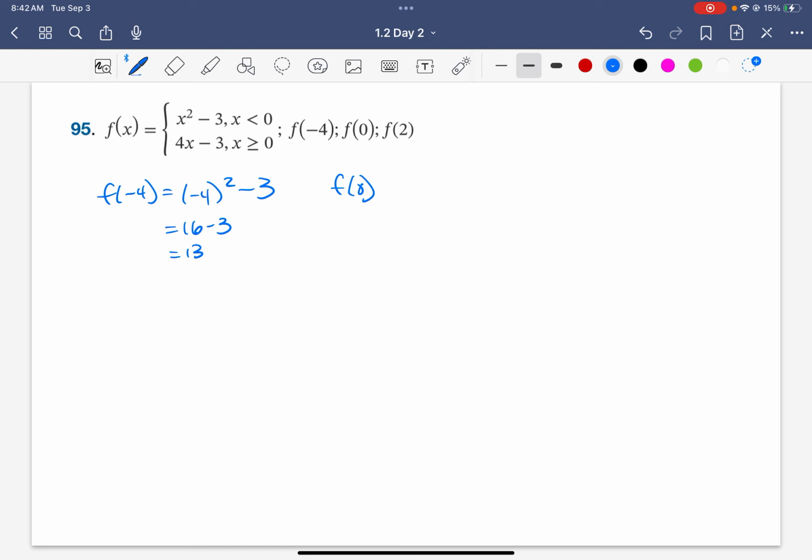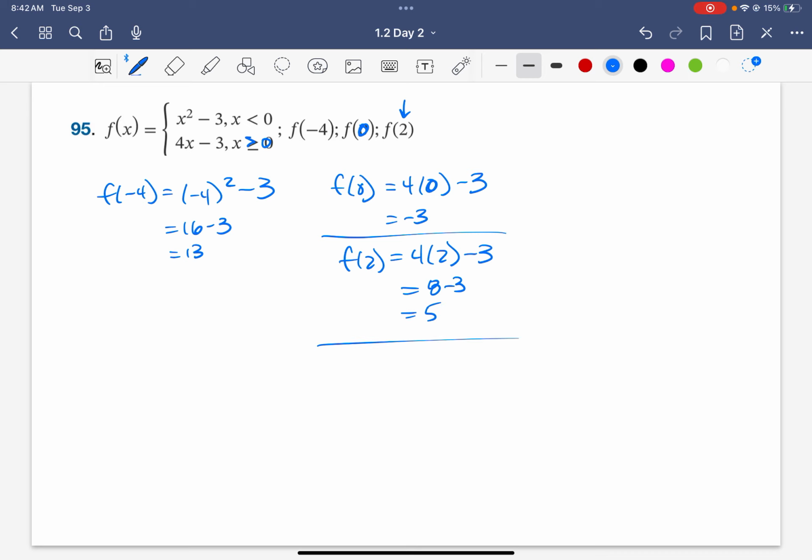For f of 0, since for inputs greater than or equal to 0 we use the bottom piece, this is 4 times something minus 3, and the something we plug in is 0, so we get negative 3. For the last one, since 2 is greater than 0, we plug into the last piece. So f of 2 is 4 times 2 minus 3, so it's 8 minus 3, or 5.